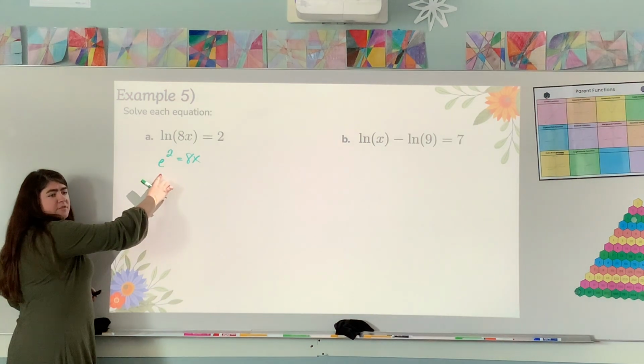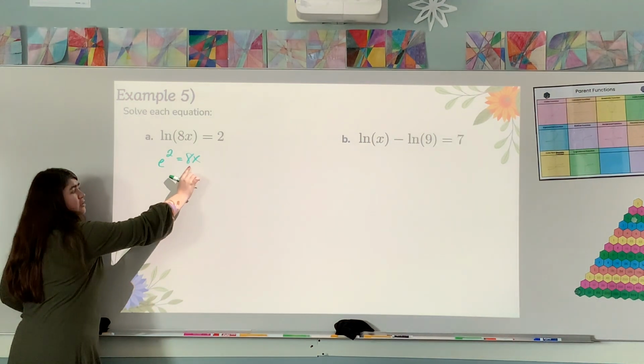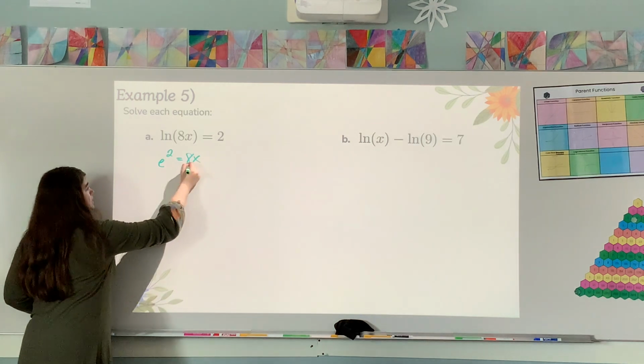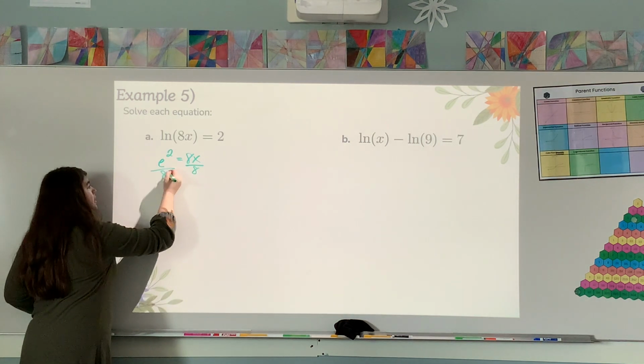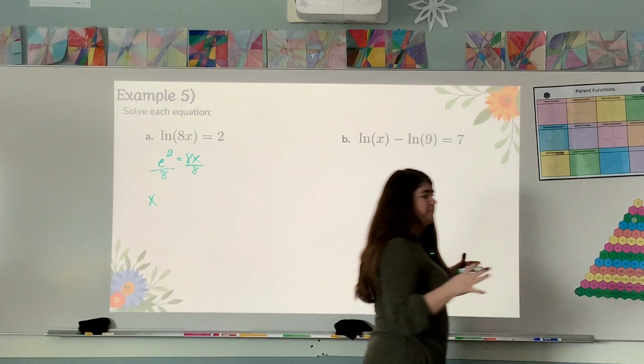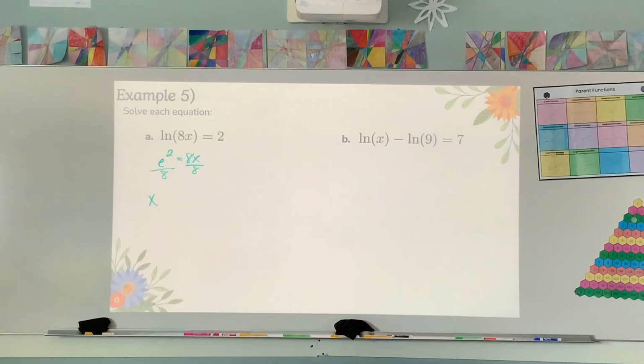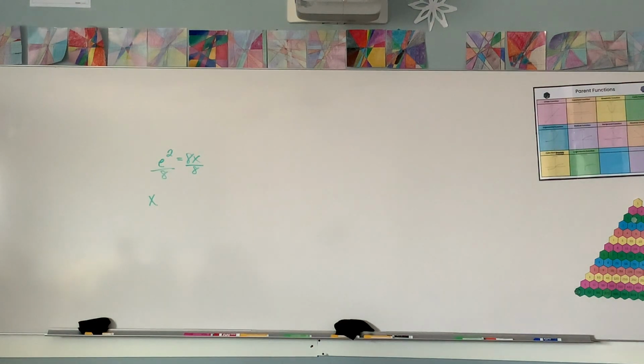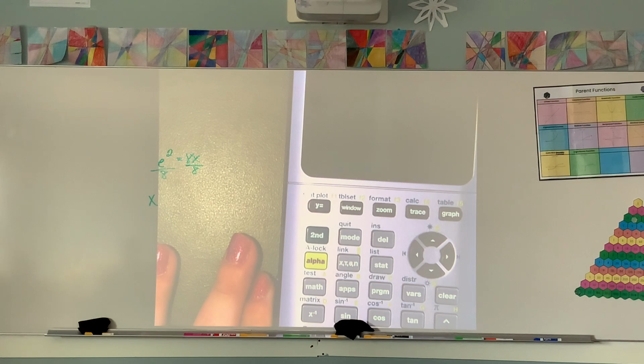I'm not going to type it in just yet because what are we going to have to do with this 8? Divide it. So in the calculator, I'm going to type in parentheses e to the power of 2 and then divide by 8.